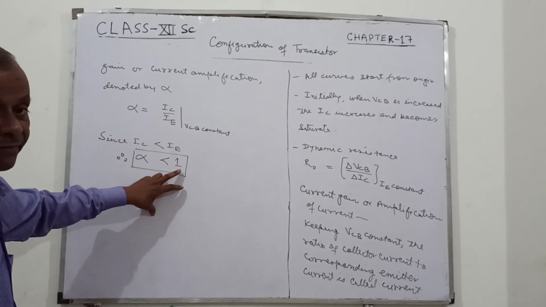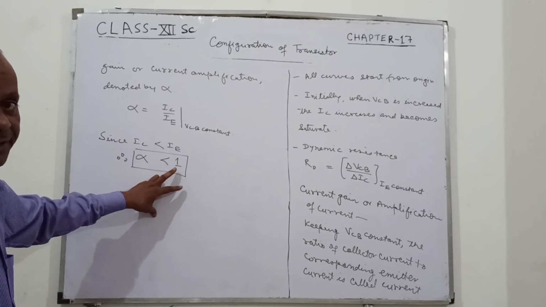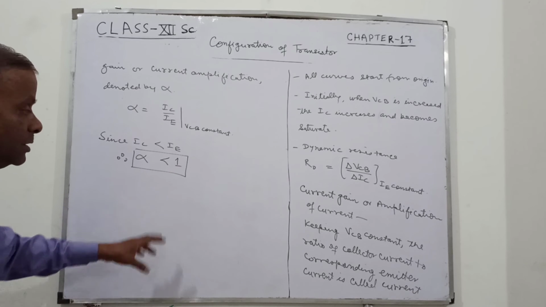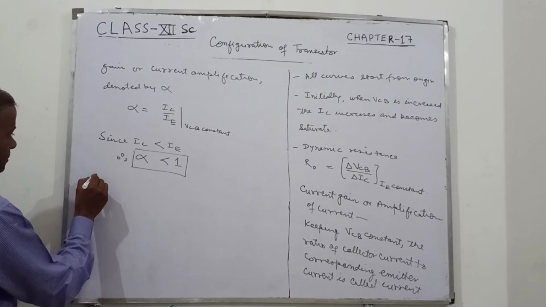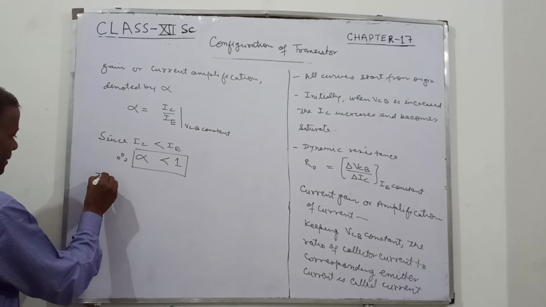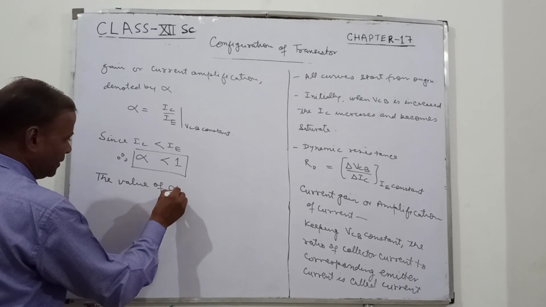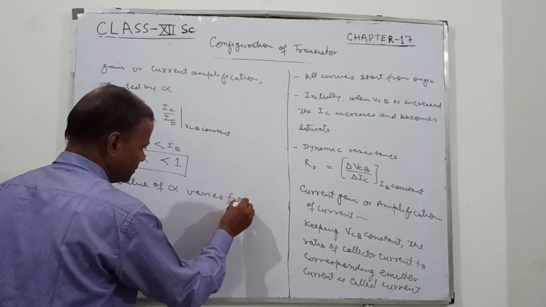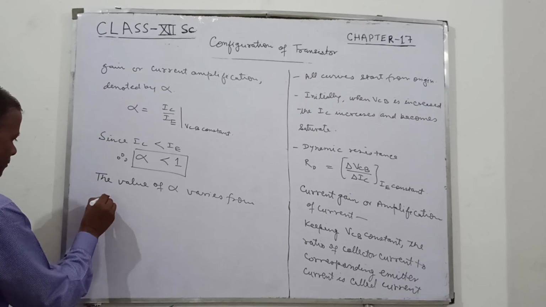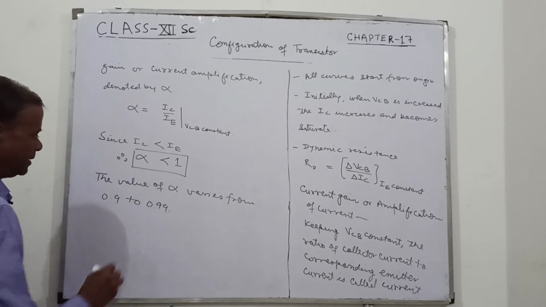So the value of alpha varies from 0.9 to 0.99, but it is not equal to 1.